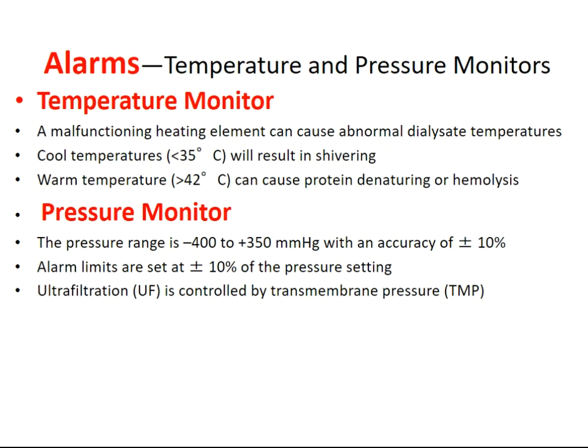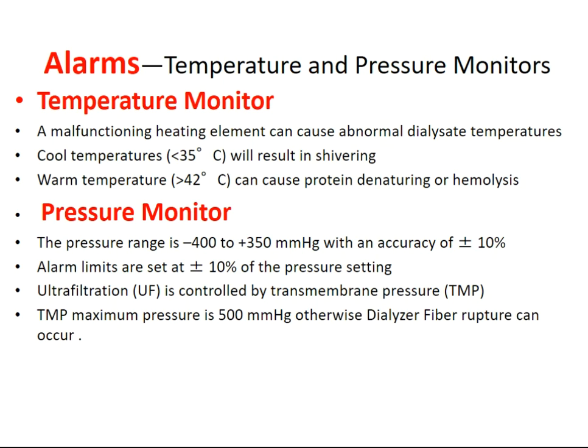Ultrafiltration is controlled by the transmembrane pressure. The transmembrane pressure maximum is around 500 millimeters of mercury. Otherwise, dialyzer fiber rupture can occur.